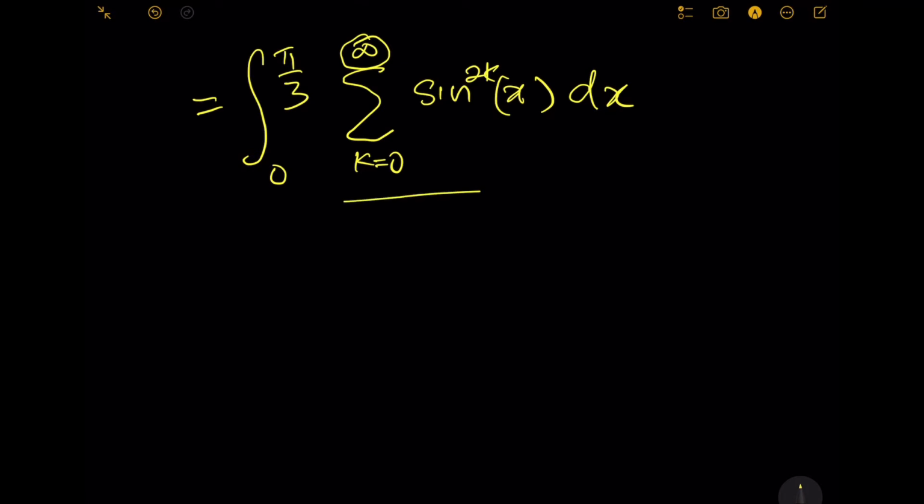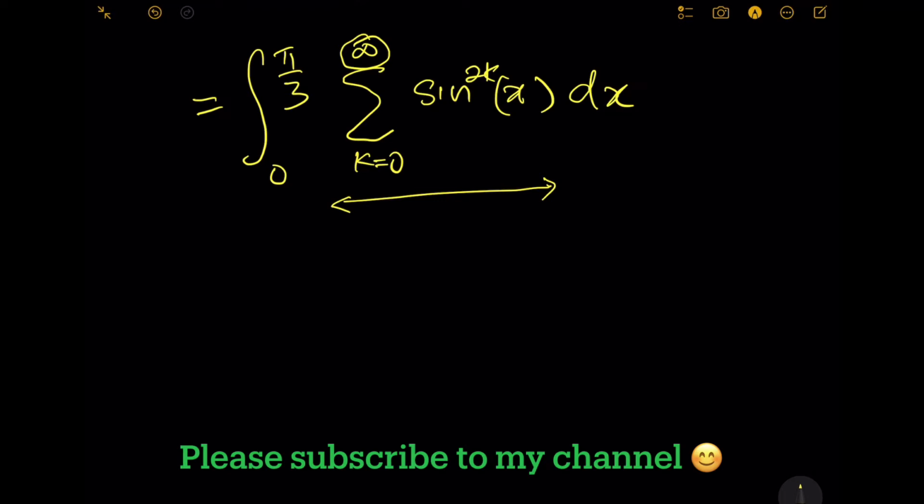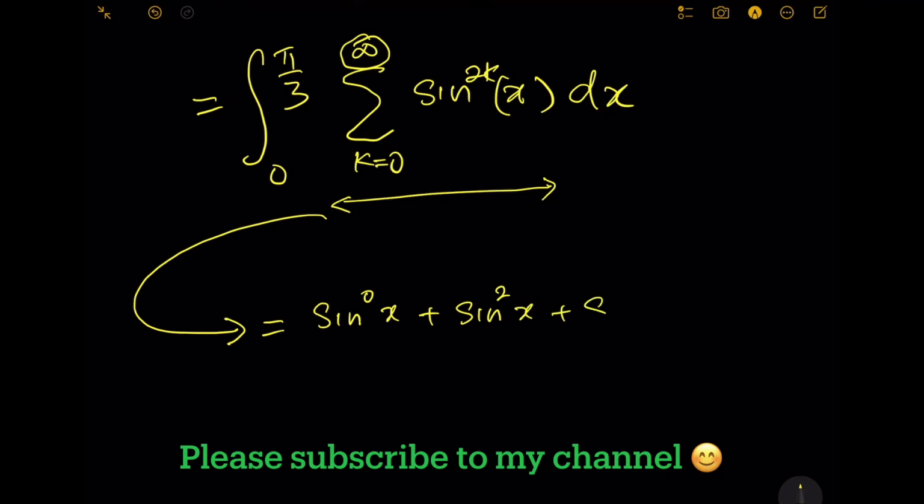Let's focus on the sum of sine power 2k. When k equals 0, we have sine power 0 x. Plus when k equals 1, sine power 2k, which is sine power 2x. When k equals 2 it becomes sine power 4x, and so on and so on until infinity.